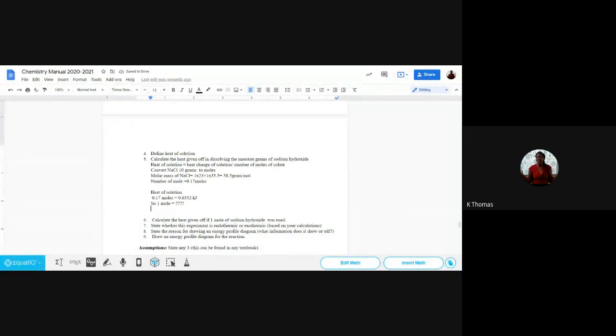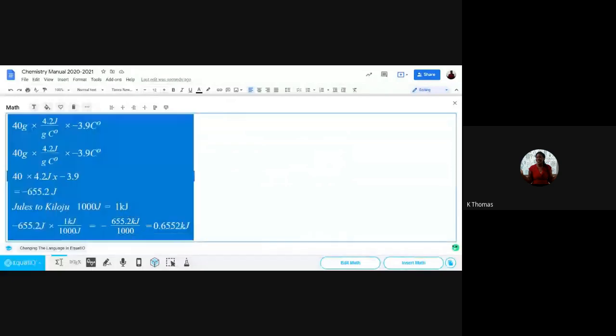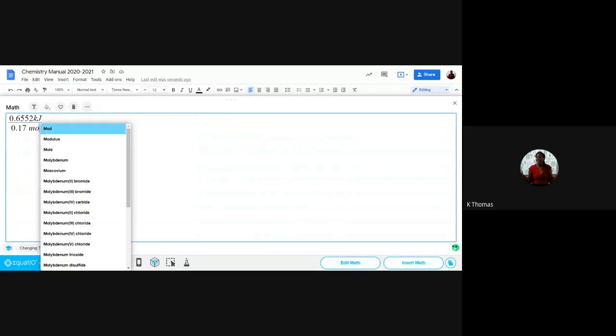What that means is I have my 0.6552 kg, and I'm going to divide that by the number of moles, which was 0.17 moles.